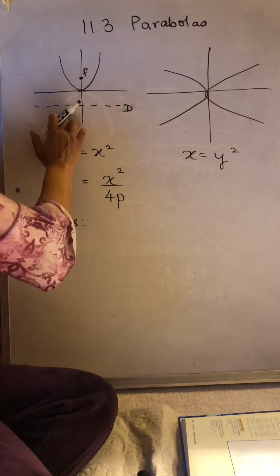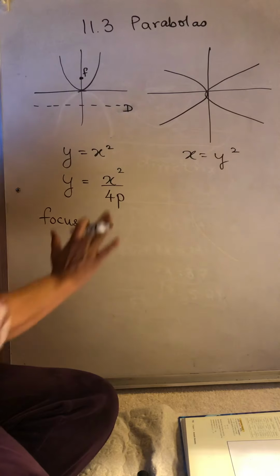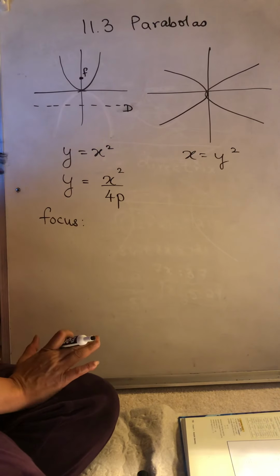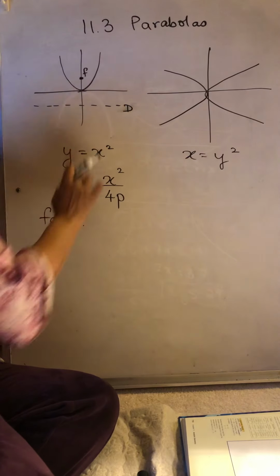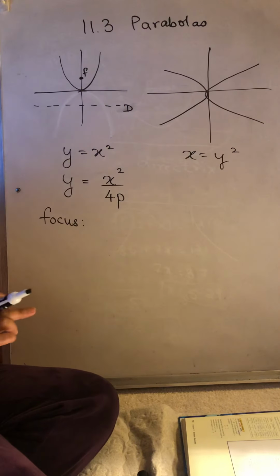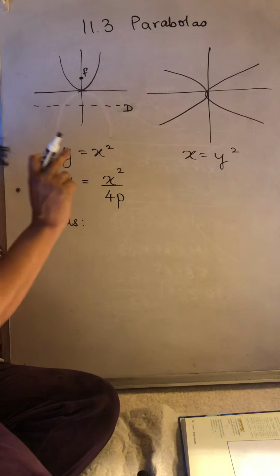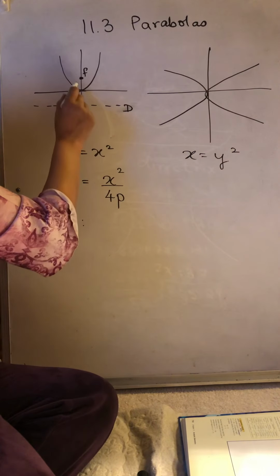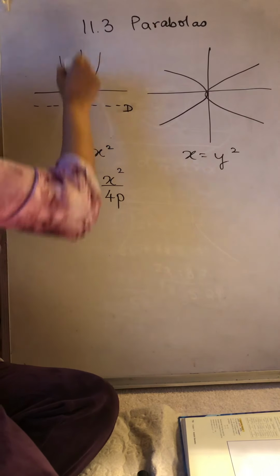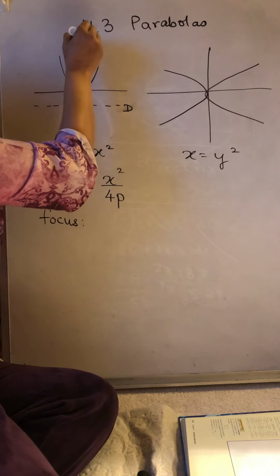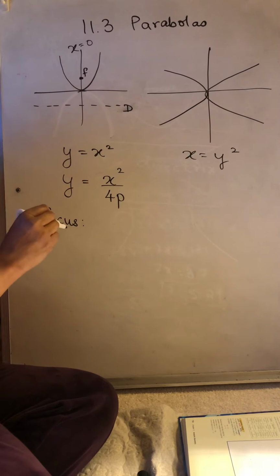Okay, so if this is my case, looking at the equation, what can I say? The focus, obviously, lies on the y-axis. Remember, on the y-axis, every x coordinate is 0: (0,0), (0,1), (0,2), (0,3), (0,-100), (0,-1000). So the equation of the y-axis is x equals 0.